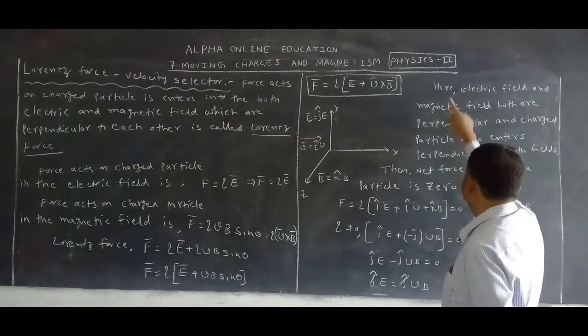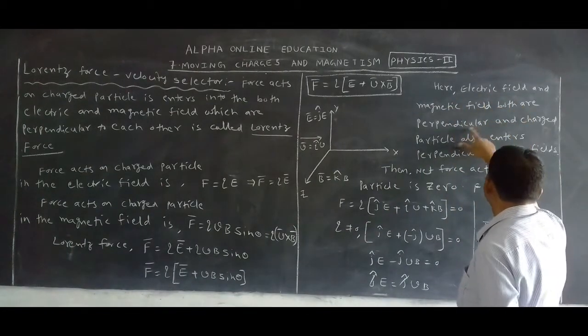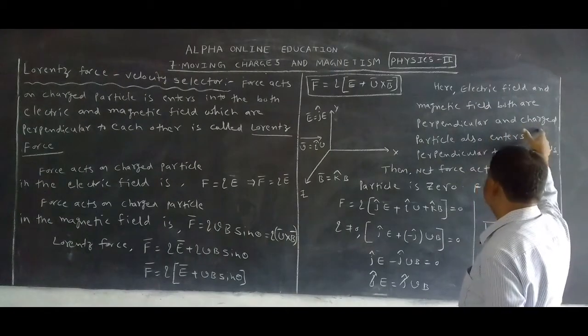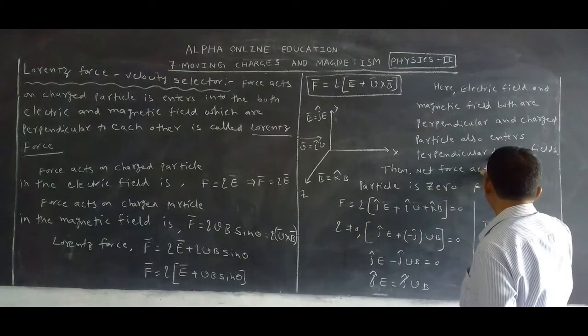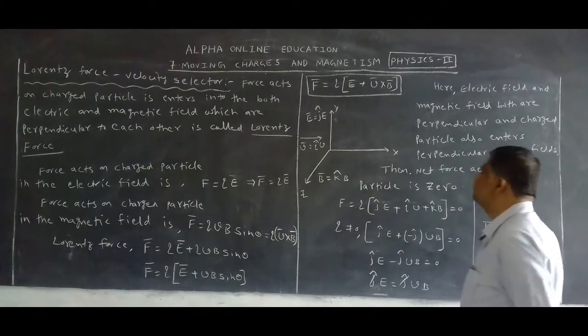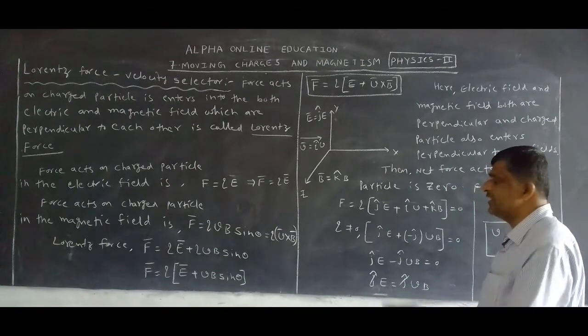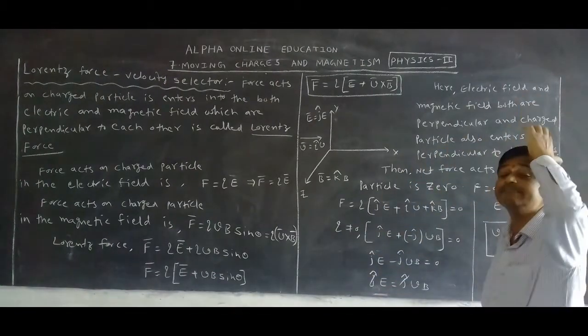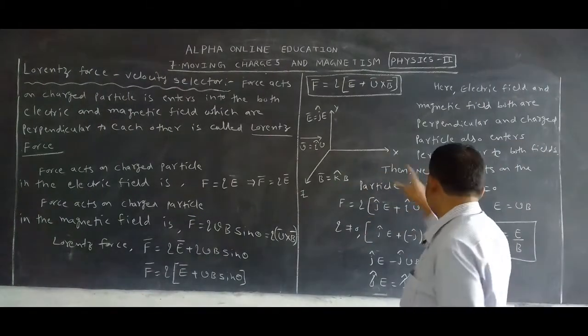Here the electric and magnetic fields are both perpendicular, and the charged particle also enters perpendicular to both fields. Then the net force acting on the charged particle is 0.